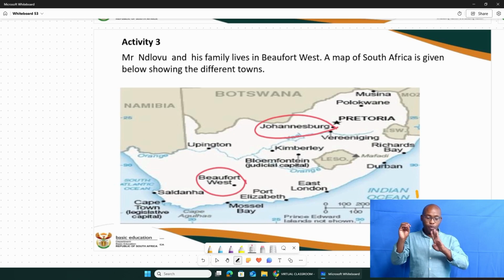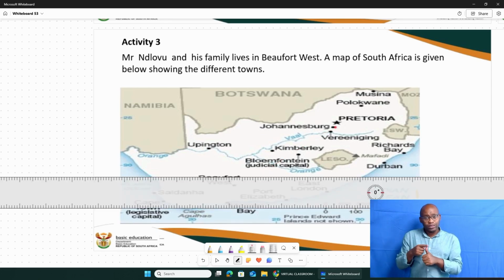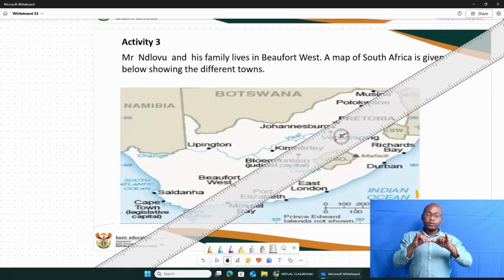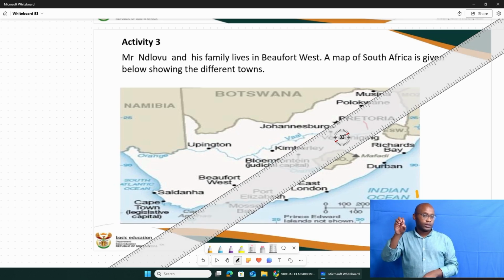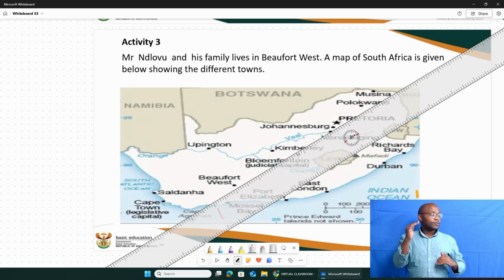There is Beaufort West. If I count, let's say 10, 20, 30, 40, 50, 60, 70, 80, 90, it just goes down there. Yes, there is Beaufort West.